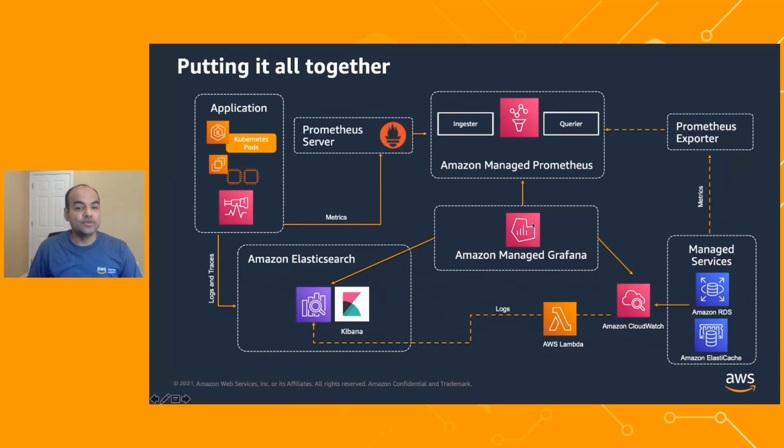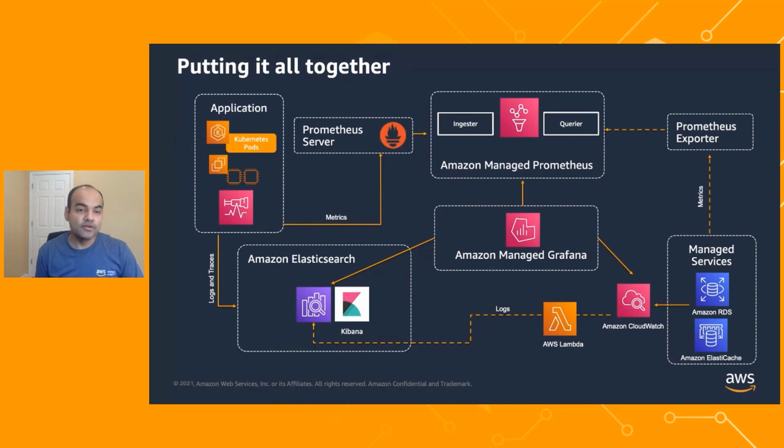Grafana can have data sources of Amazon Managed Prometheus, CloudWatch, and Elasticsearch Service. So that's pretty much how you can bring all these 4 open source managed services from AWS into one architecture and achieve a single pane of glass for your metrics, logging, and traces. So today we talked about AWS Elasticsearch for logging and traces, and the tiering for AWS Elasticsearch, where you can cut down your cost and achieve longer term retention of your logs.